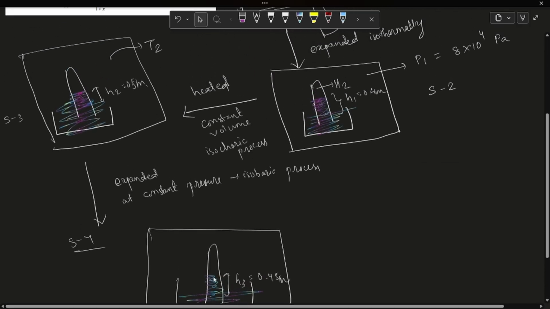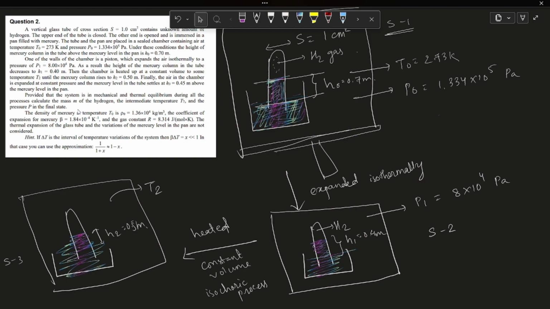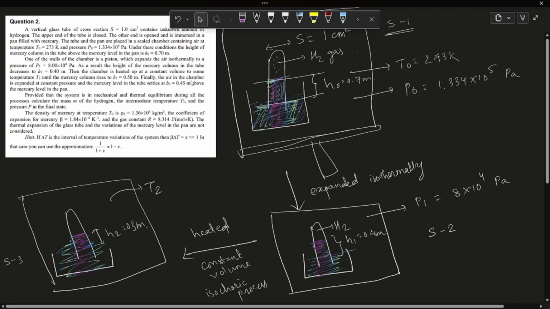Then what is it? Provided that the system is in mechanical and thermal equilibrium during all the processes. Okay, mechanical equilibrium means the net force is zero. That means pressure on this side will equal pressure on this side, right? Thermal equilibrium means, suppose the hydrogen gas is a system S1 and the air in the chamber outside is a system S2.